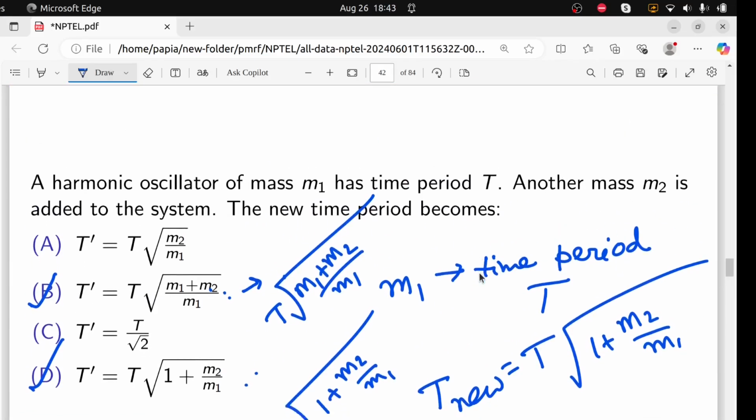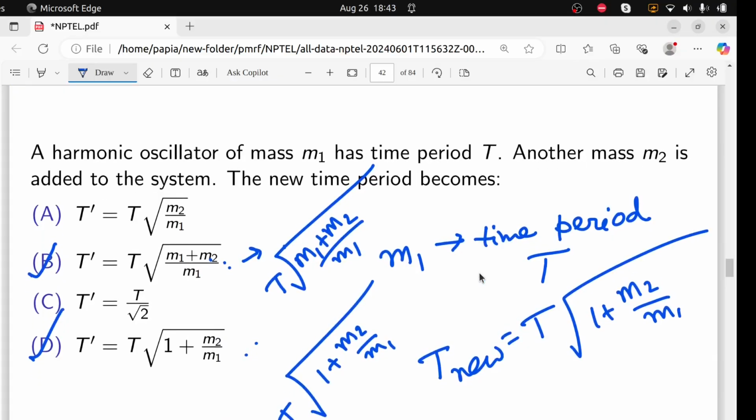For this question, what we have done is we just wrote the omega expression, then the T expression, and we are done with the mathematics.